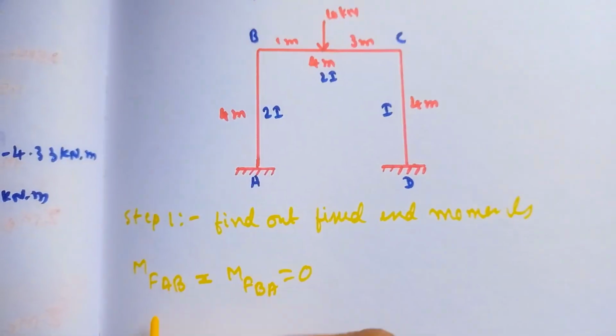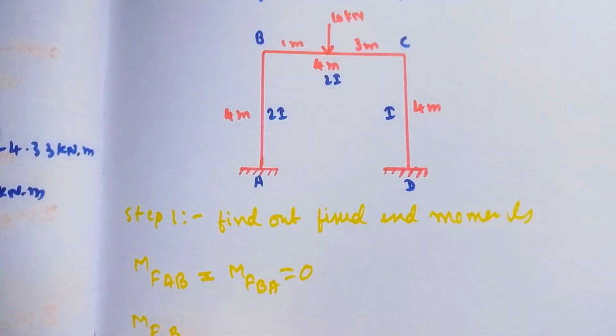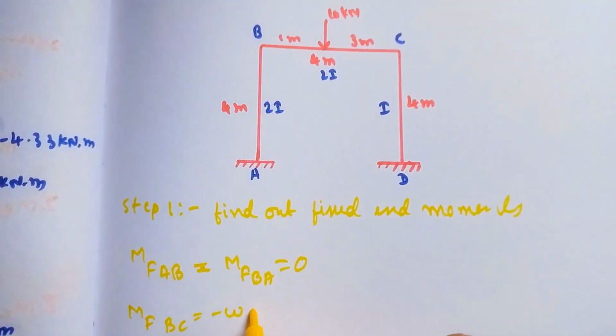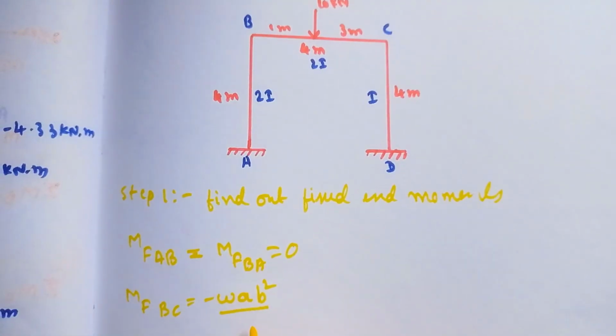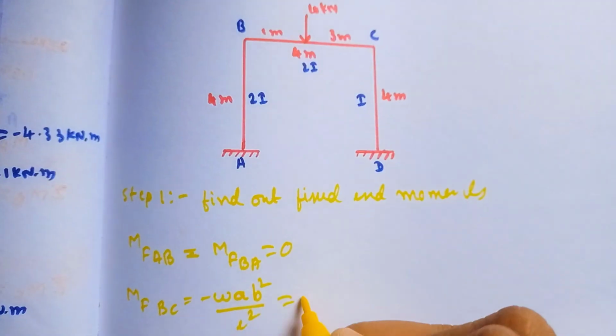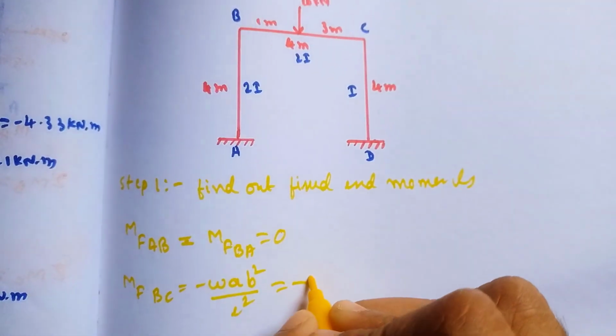So this is the fixed end moment formula for a point load not present at the center. So MFBC is equal to minus W A B square divided by L square. So minus W is 10 kilonewton they gave.